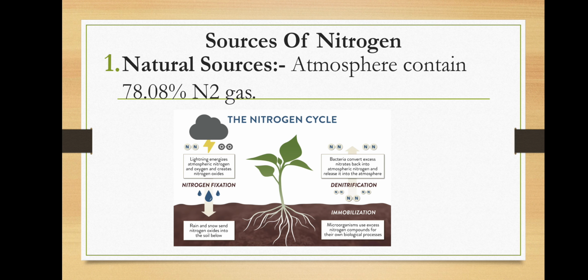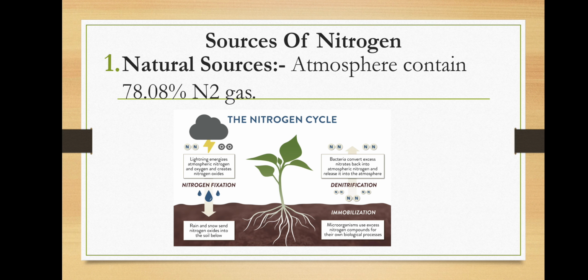If we maintain a proper microbial population in the soil, it is enough for nitrogen fixation by the microbes and its availability to the plants through different nitrogen fixing bacteria. Maximum 78% is not a small amount.